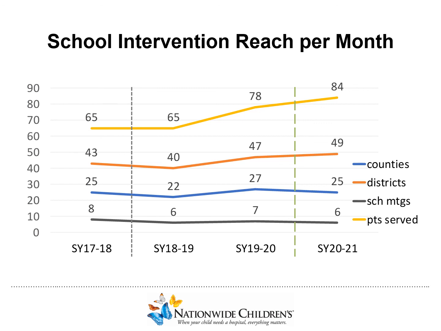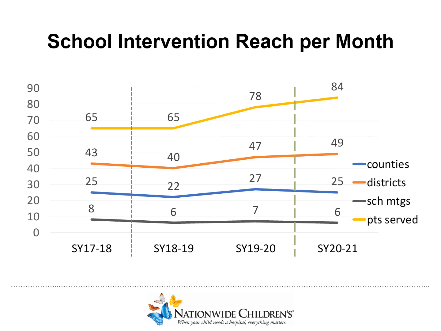But the stat that seems to be showing us that we are seeing some benefit from the change is that we saw an increase from 65 patients a month to 78 patients a month, the number of kiddos we could serve.